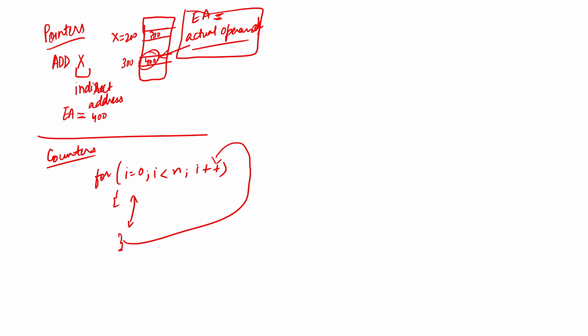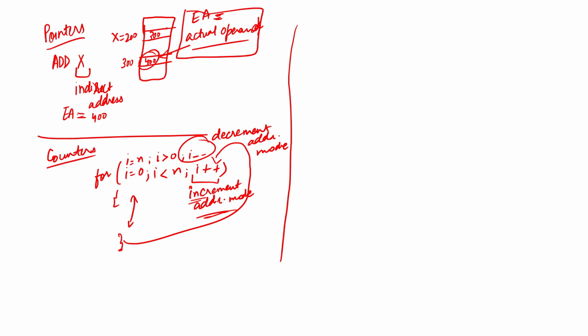This I plus plus is done by the increment addressing mode. Similarly, if it is I equal to n, I greater than 0, I minus minus, this will use the decrement addressing mode. So counters are handled using increment and decrement addressing modes.